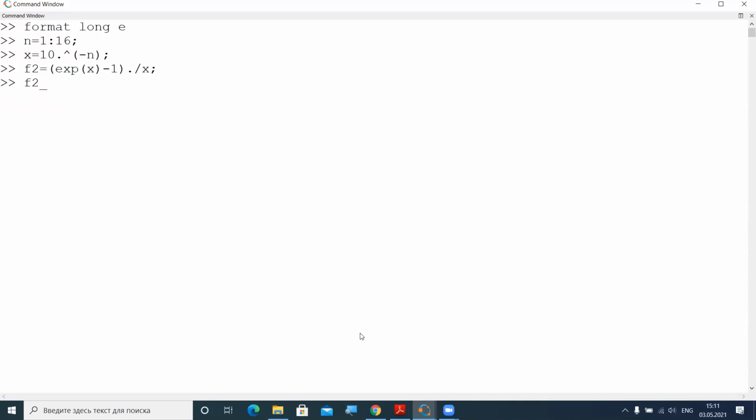So let's do, what was the Taylor expansion for e to the power of x? Let me write exp of x is equal to 1 plus x, plus x squared over 2 factorial, plus x cubed over 3 factorial, and plus so on.